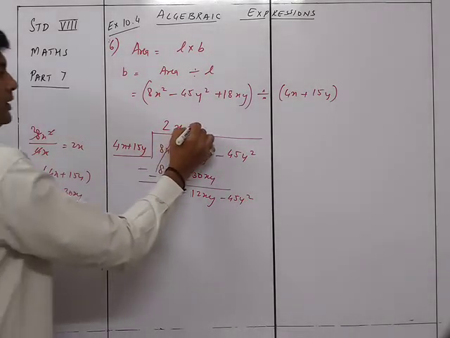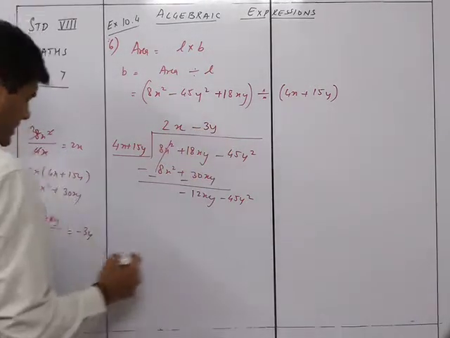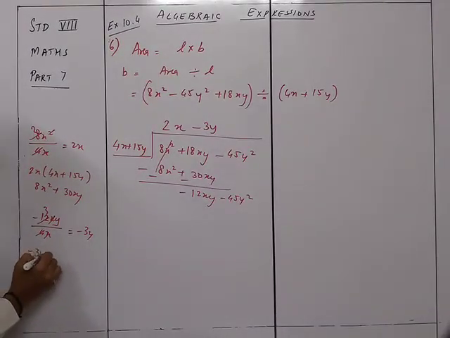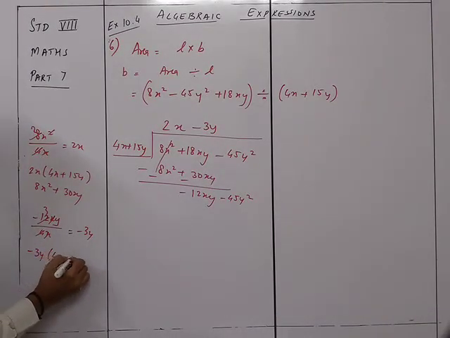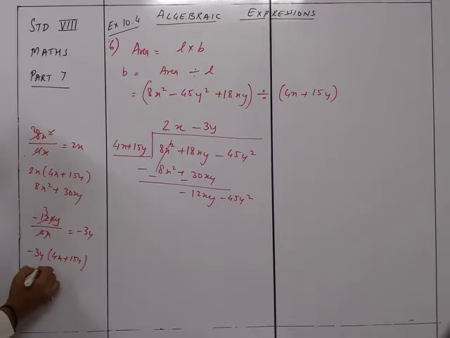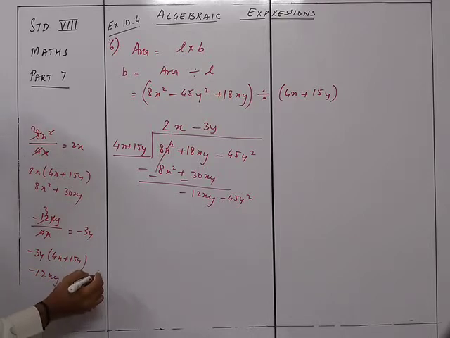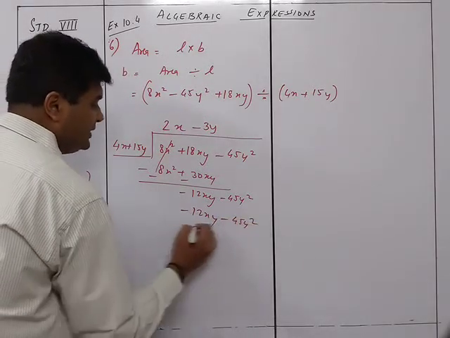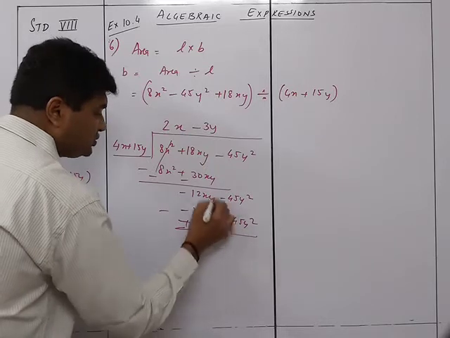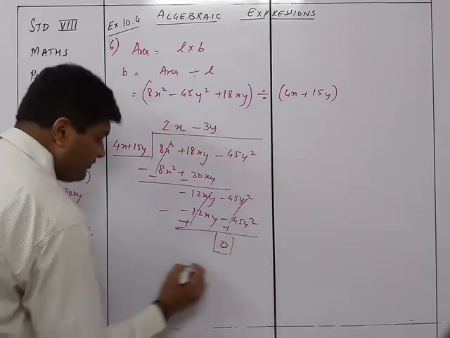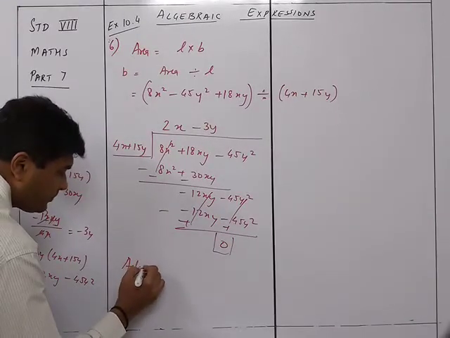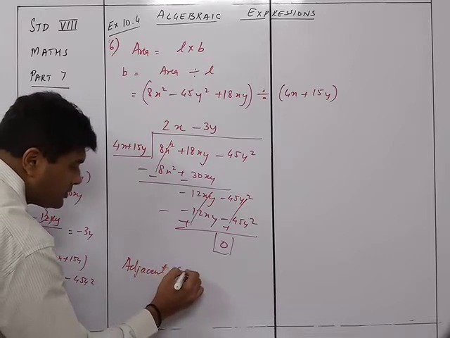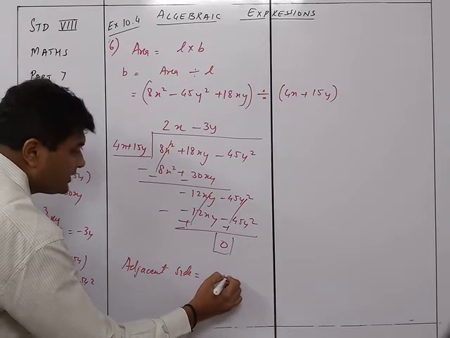You put minus 3y here and then multiply: minus 3y into 4x plus 15y will be minus 12xy minus 45y square. That is exactly minus 12xy minus 45y square. Subtraction, signs change, this cancels to 0. Therefore, the adjacent side is equal to 2x minus 3y.